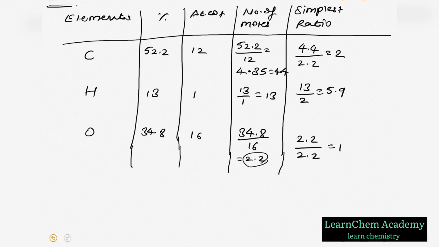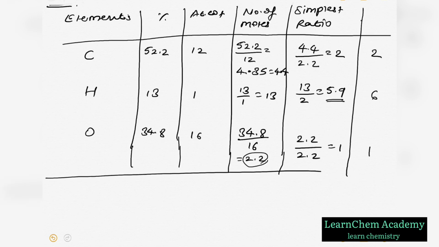This is our simplest ratio, but here we have 5.9, so we can write it as 2, 6, 1. So this is the perfect integer ratio now.